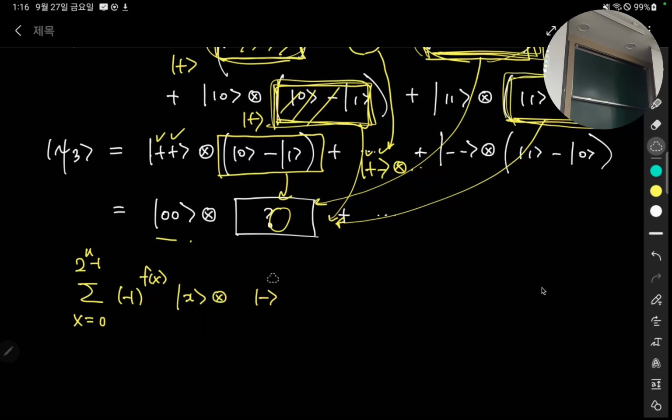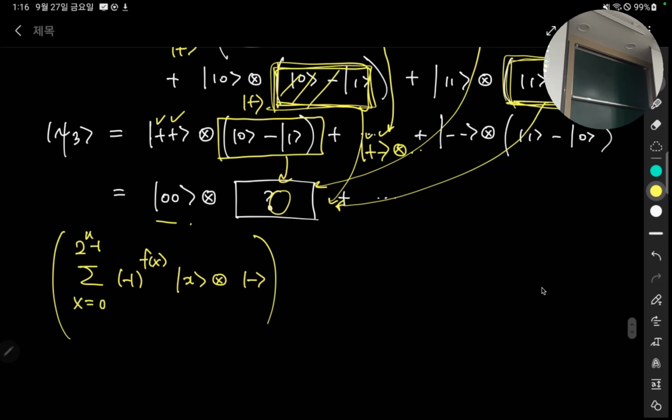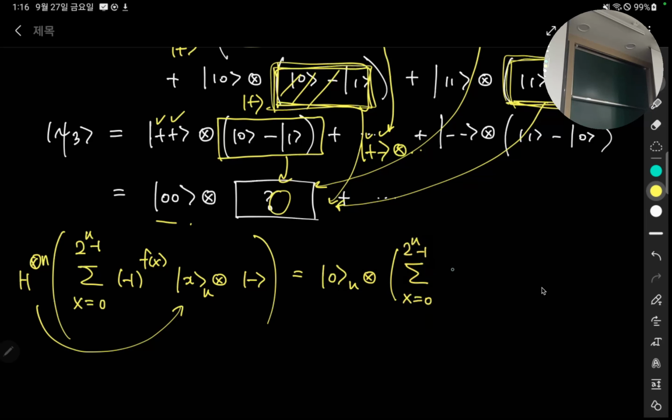So when I take the Hadamard on all of these, on this input register, so actually Hadamard goes here, then if I'm only considering the 0, so this is n qubit state, 0 qubit state for the input register, then what I get is here x ranges from 0 to 2 to the n minus 1 to the power of f(x) times minus.